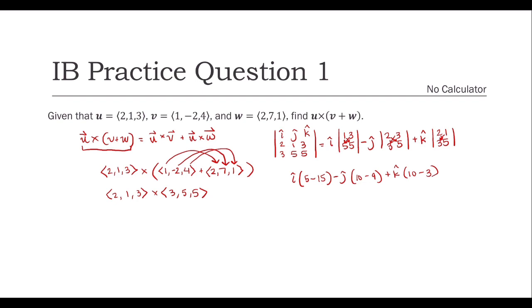So we have i times -10 minus j times 1 plus k times 7. So we have -10i minus j plus 7k. So as a vector, our answer is (-10, -1, 7). So here's your solution to this question.